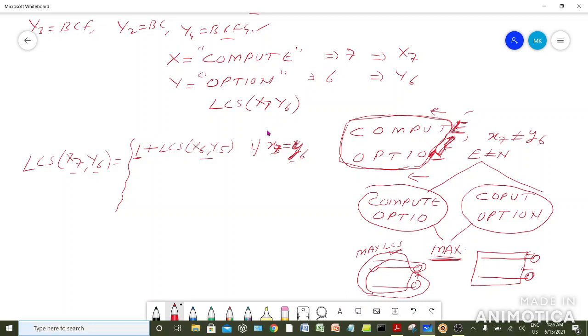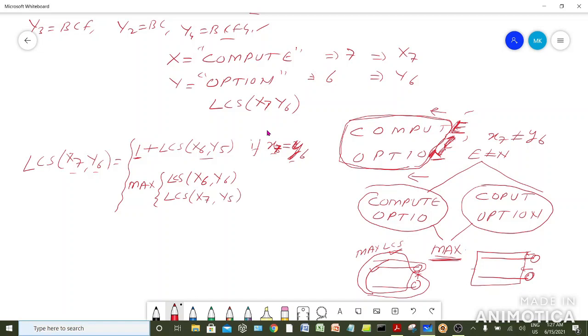So the mathematical representation for this task can be written as that it will be equal to maximum of LCS of decrease x by 1 and keep the y same, and in the second one LCS of, now keep the x complete and decrease the y by 1.